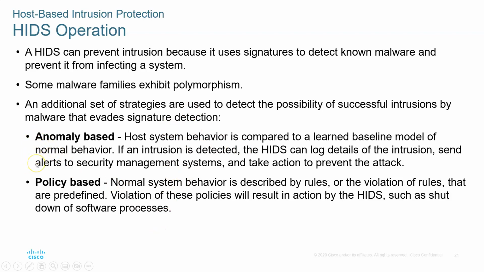HIDS use 2 different types of operations or strategies to detect intrusion, malware, or attacks. So they use anomaly-based detection. What they do is work from a baseline that they have already learned.